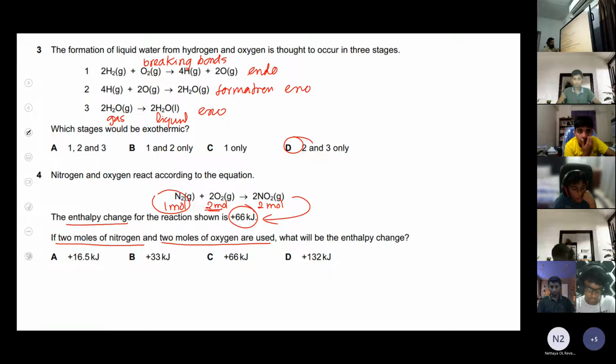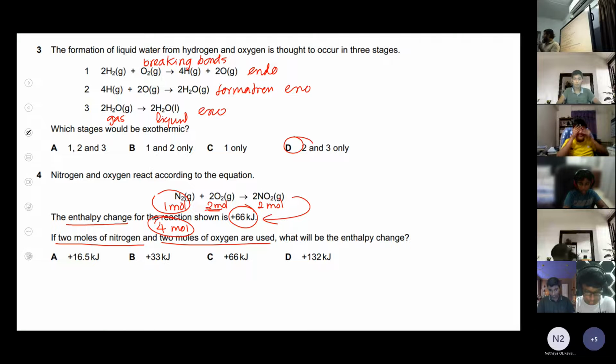Now they say 2 moles of nitrogen. If 2 moles of nitrogen are used, how many moles of oxygen are required? 4. But there is no 4. If that's so, who is limiting? Oxygen is limiting. That means the reaction happens according to oxygen's quantity.